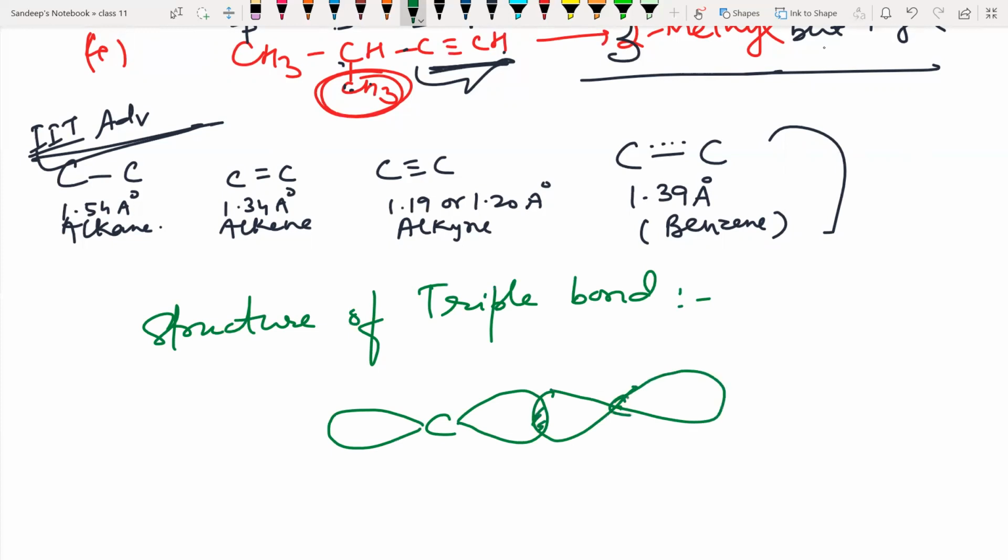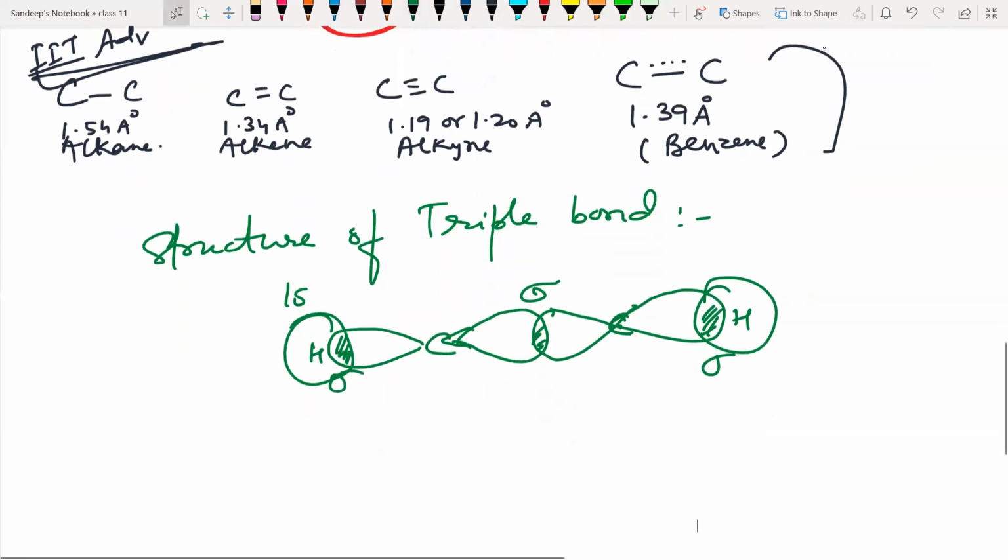This is carbon, and these are the hydrogens, 2 hydrogens. Now, this is the sigma bond that is formed. So this is 1s sigma. This is also a sigma bond. This is also sigma. Now, how the pi bonds are formed? So we will see the pi bonds.